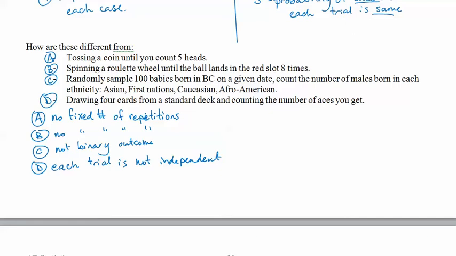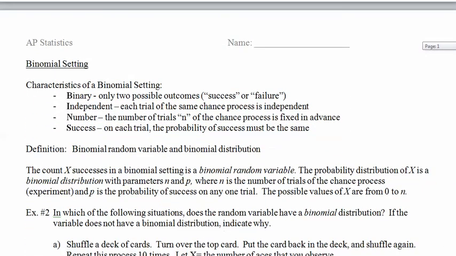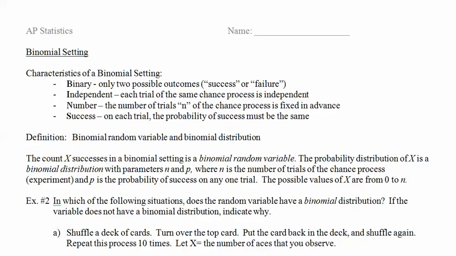All right, so we are going to move on to the next page and have a look again. Just to summarize the characteristics of a binomial setting, we have BINS: binary, independent, the number is fixed, and the probability of success is the same.